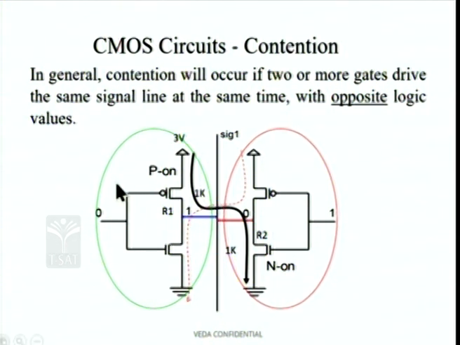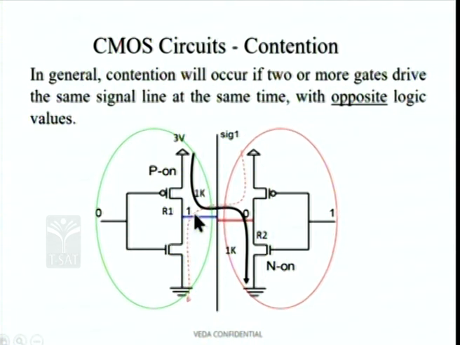However, I have just shown inverters as a general case of a logic driving a particular signal over here. This is a SIG1 which is being driven by 2 drivers, one on the left hand side which is driving a logic 1 on that signal, connected by a blue line, and the other which is driving a logic 0, connected by a red line to a signal SIG1.